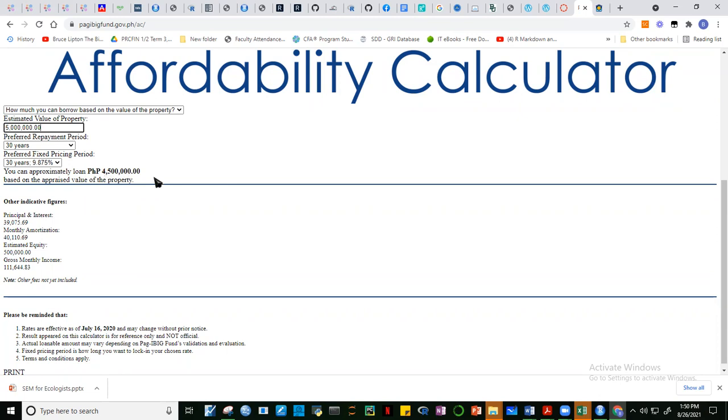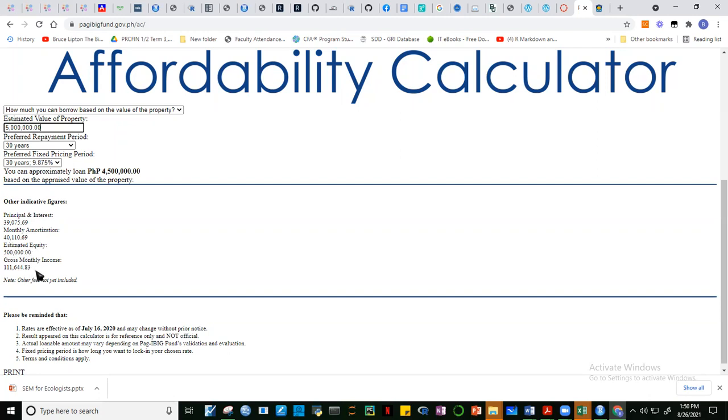Ibig sabihin nun, the rest will be equity. So the difference is 500,000, which means 10% yun ng 5 million. Ibig sabihin, ang equity natin doon, 10%. Yung value ng bahay, 5 million, tapos 10% yan is 500,000. So ang mahihiram lang natin 4.5 million. Sabi nga dito guys, ang estimated equity should be 500,000.